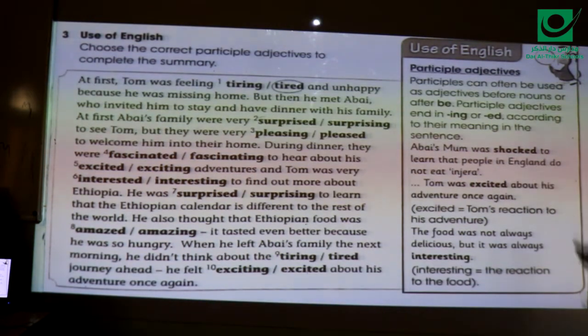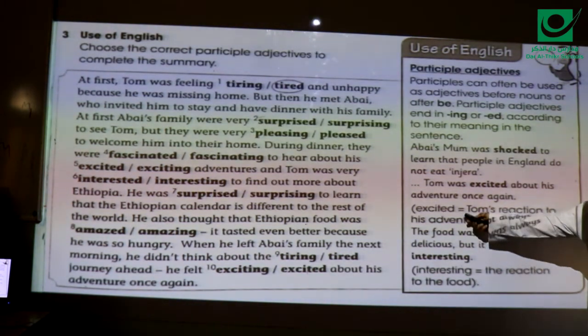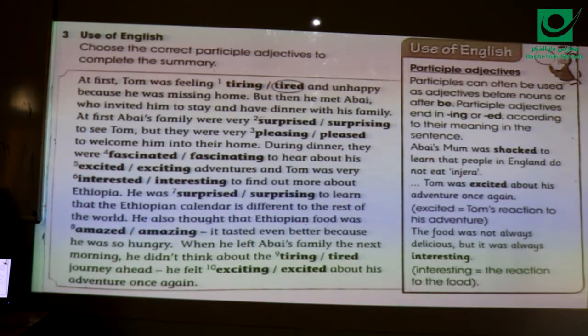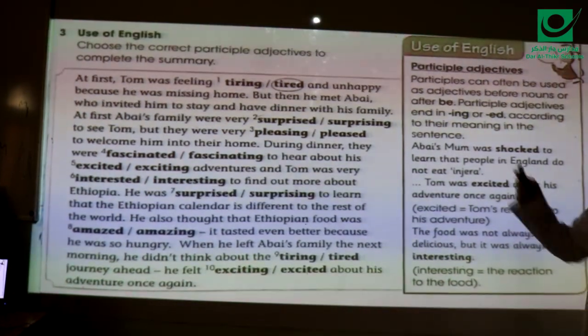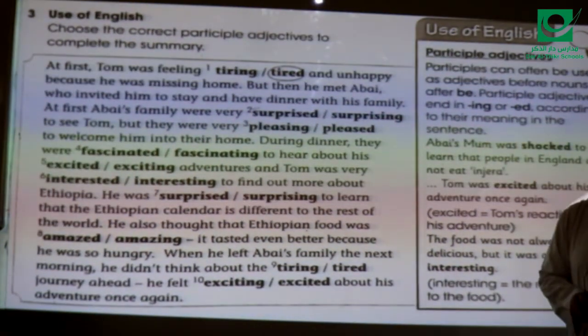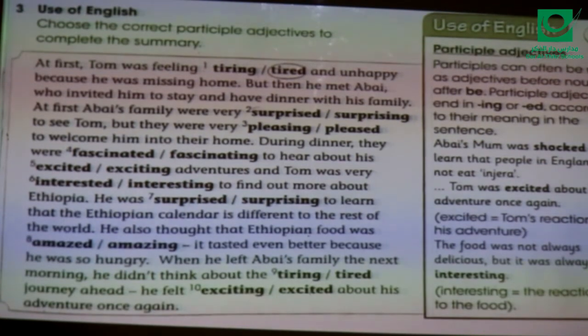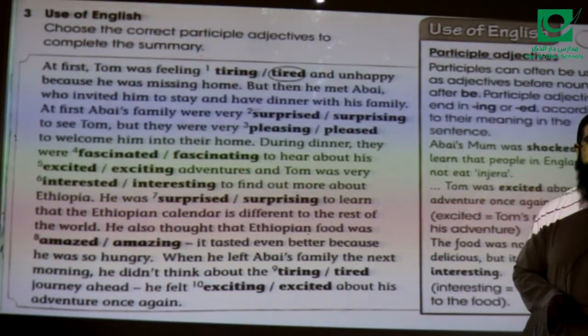Abai's mom was shocked to learn that people in England do not eat injera. Tom was excited. See here, excited, Tom's reaction to his adventure. So please now, try to choose the correct adjective with -ed or -ing. As we said, they are called participles.